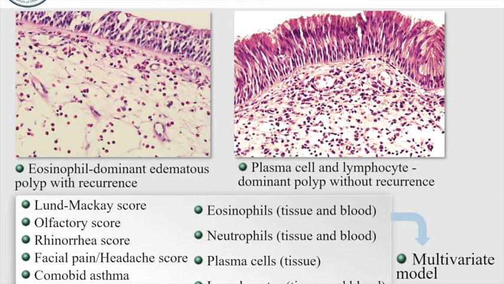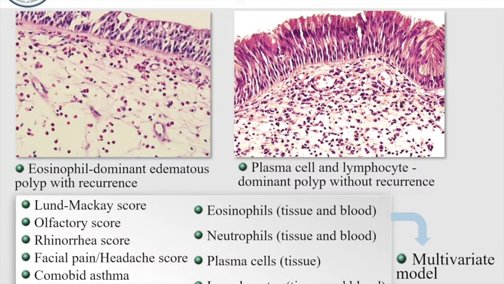When we compared the variables between the two groups, we found these 13 factors are significantly different, including the Lund-Mackay score, olfactory score, rhinorrhea score, facial pain headache score, comorbidity of asthma, oral phenol, tissue and blood eosinophils, tissue and blood neutrophils, plasma cells in the tissue, and both tissue and blood lymphocytes.